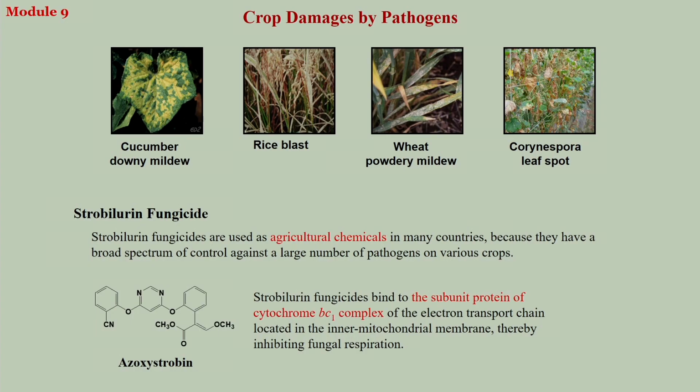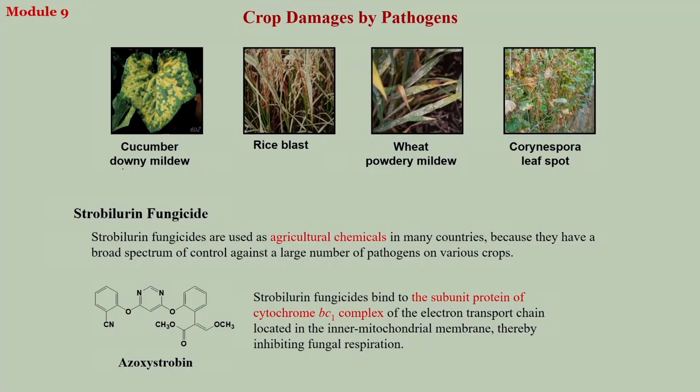Of course, all tumor cells have one or more mutations present in their diseased gene. Apart from that, there are agricultural examples, the pathogens that attack agricultural products and crops. Cucumber downy mildew is a kind of pathogen that damages the cucumber leaf.